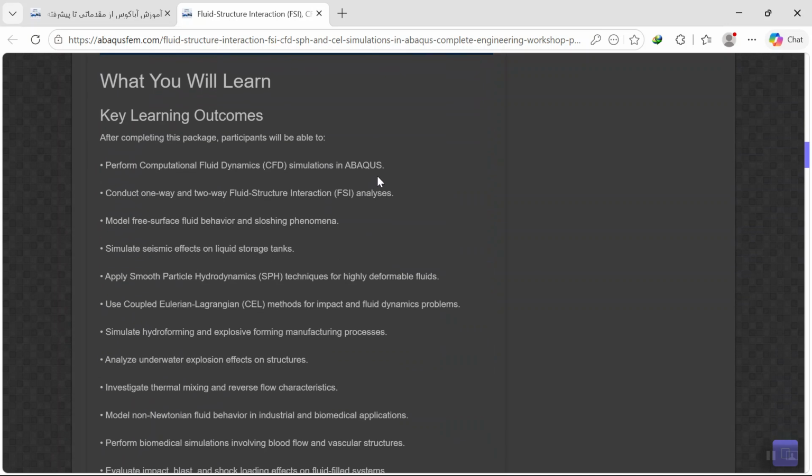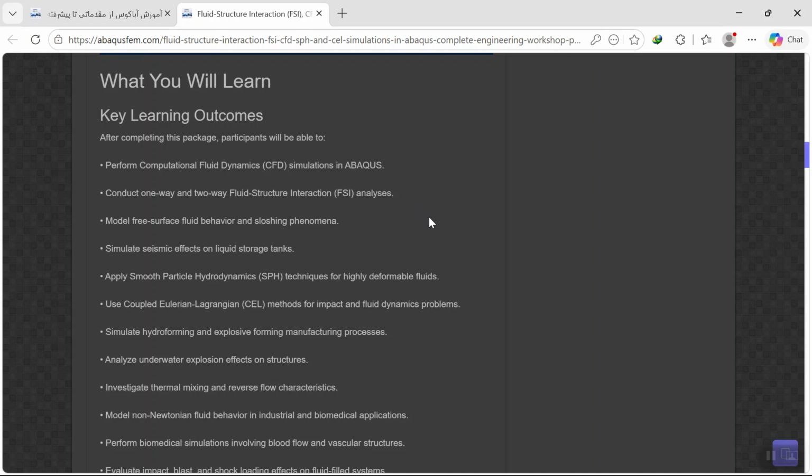Rather than focusing only on theory, this training package emphasizes real engineering application and industrial case studies. Each workshop demonstrates a complete simulation workflow from geometry creation, material definition, to meshing, interaction setup, solver configuration, post-processing, and engineering interpretation of the result.